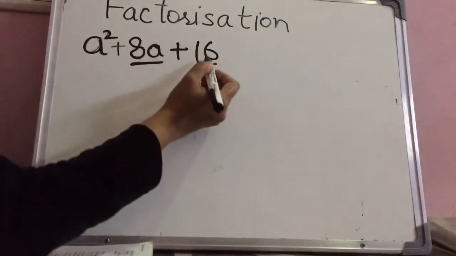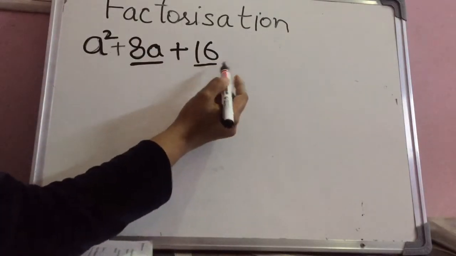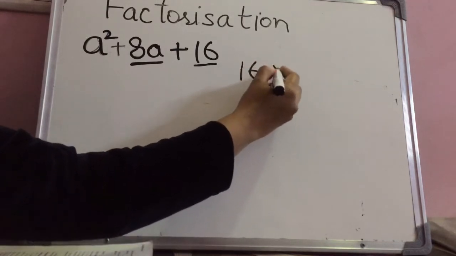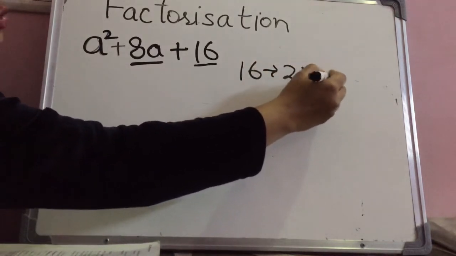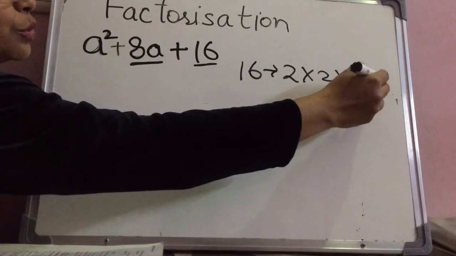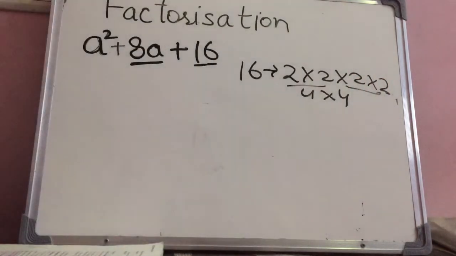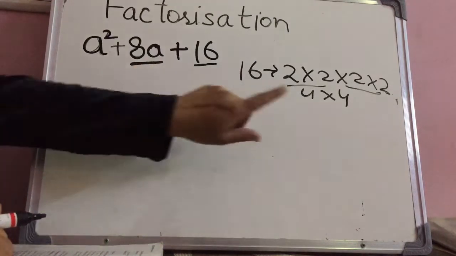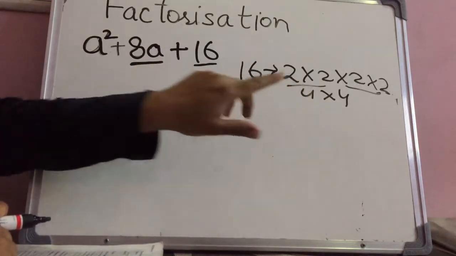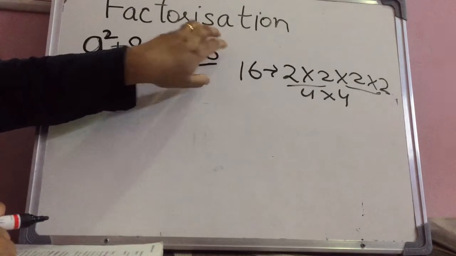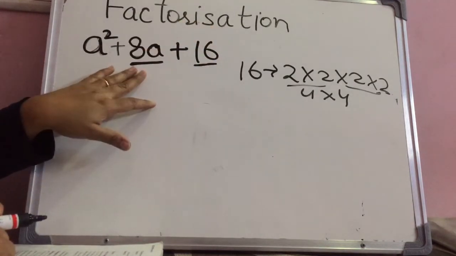This how we'll do? We will find factors of 16. Factors of 16 will be 2 into 2 into 2 into 2, or we can say 4 into 4. We will add or subtract factors of this term to make it the center term.